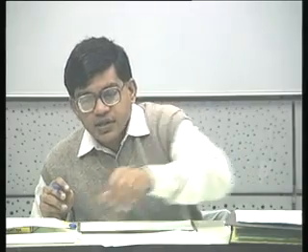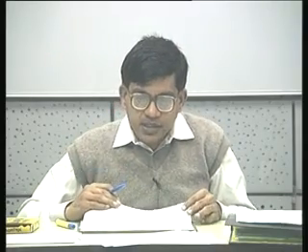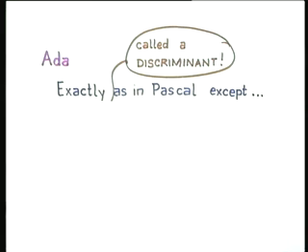So, more modern languages like Ada for some reason just used exactly what Pascal has done, in spite of knowing about all the insecurities of the Pascal variant record, right.